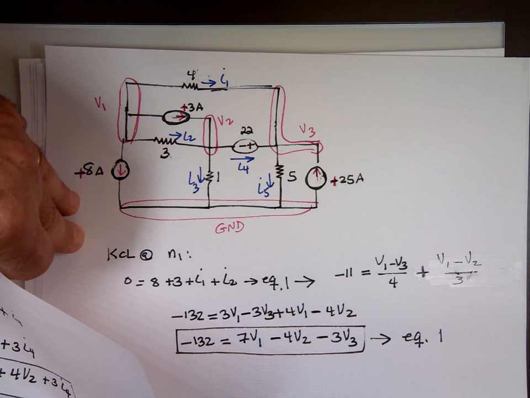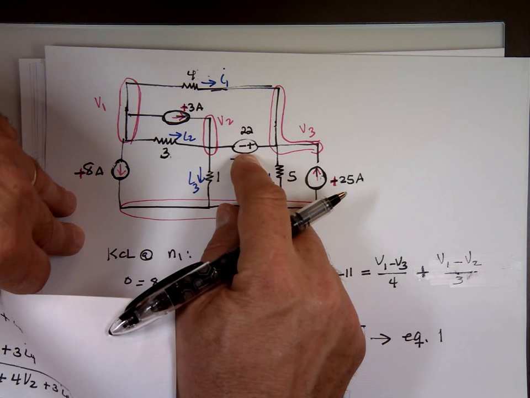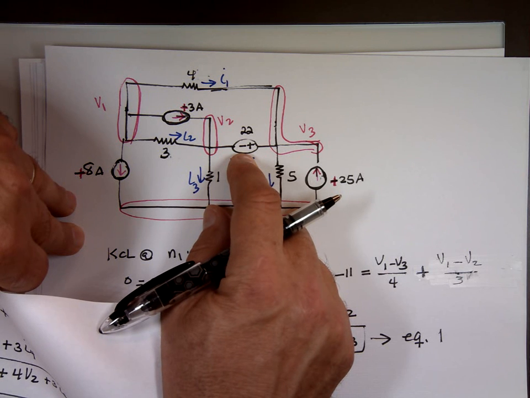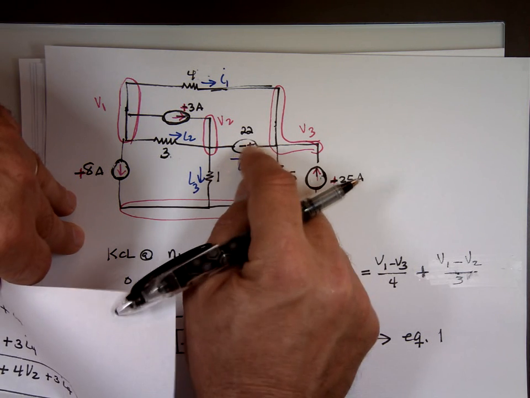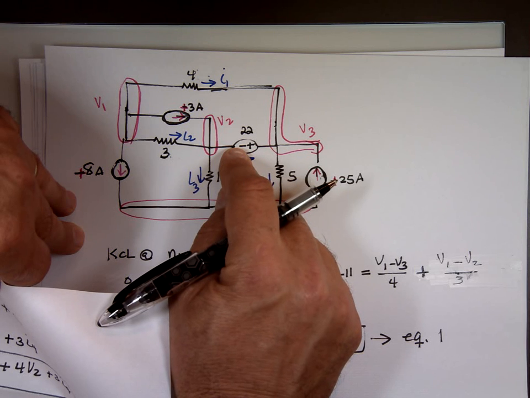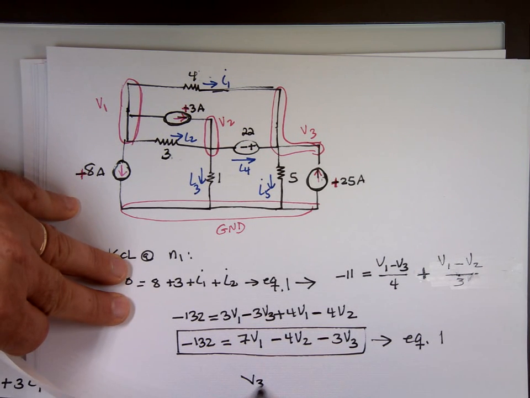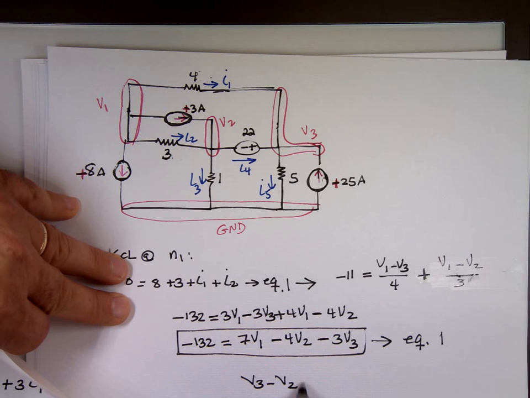Well, what does that 22 volt source tell me? That this end is higher than that end by how much? 22. So that source tells me that V3 minus V2 is equal to 22 volts.